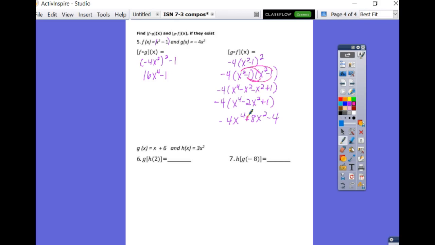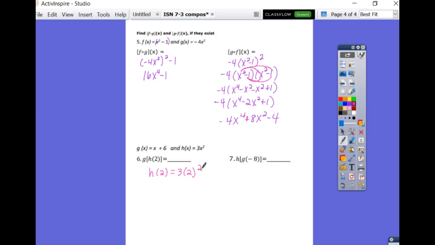Okay. So what's this? So this is what we did before, right? So I'm going to start in the middle. I'm going to put 2 in for h. So h of 2 is going to be 3 times 2 squared. You have to do the exponent before you can multiply.